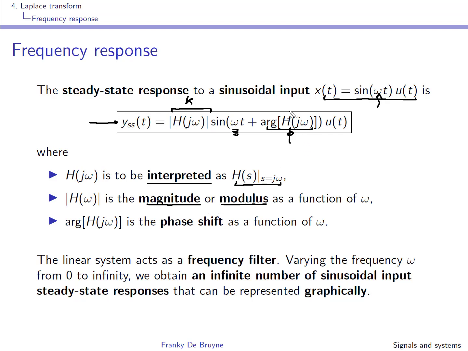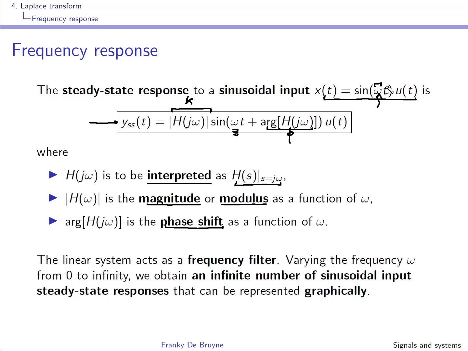Okay, and the phase shift is obtained by considering the transfer function again at s is equal to j omega. This will be, of course, a complex number, and if you consider the argument, well, you obtain the phase shift. And as we had said previously, the gain over here and the phase shift will actually depend on the frequency omega of the input.